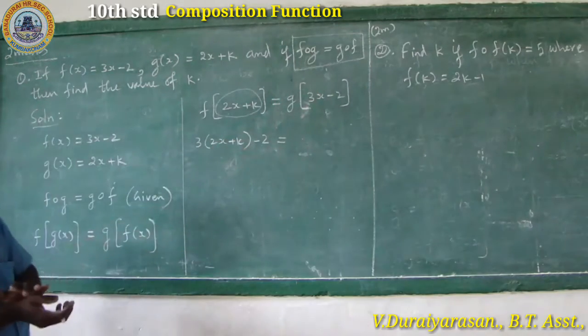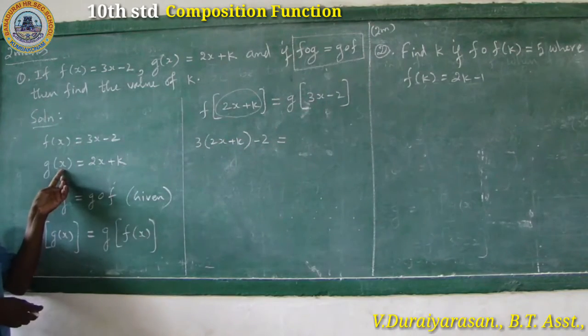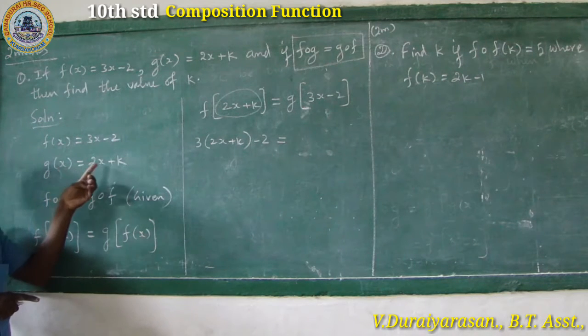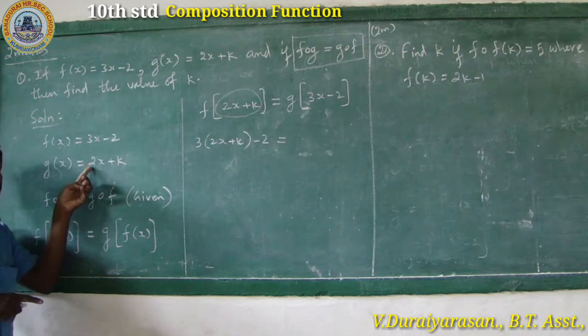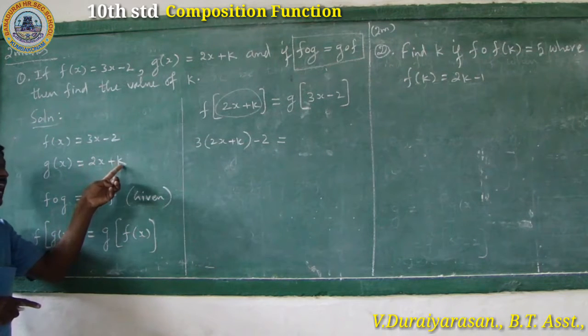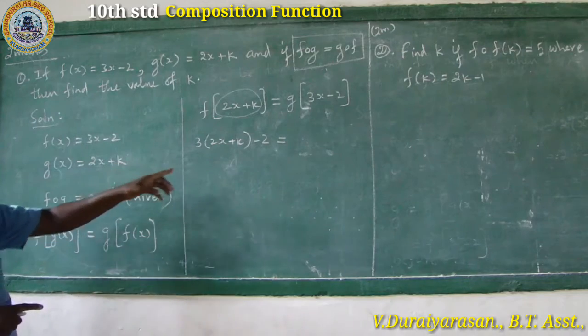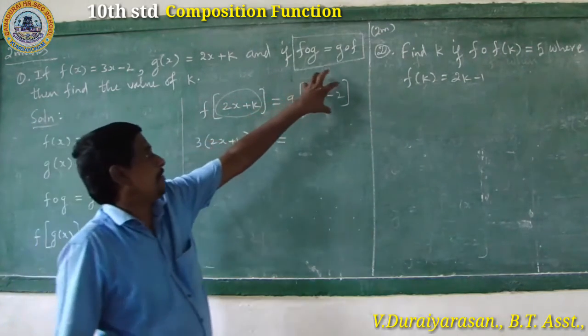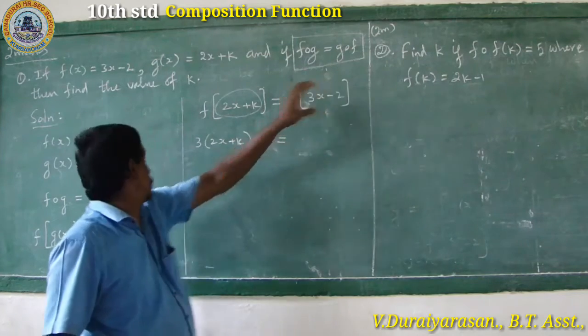How to define g of x? The given function takes x, multiplies by 2, then adds k. What is the value of x? Here 3x minus 2.